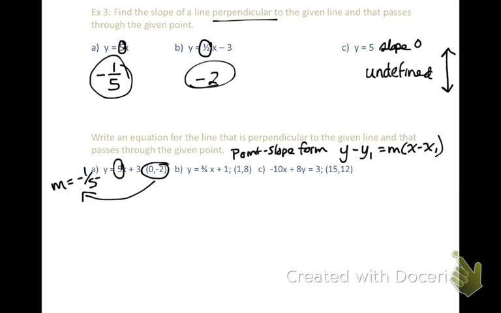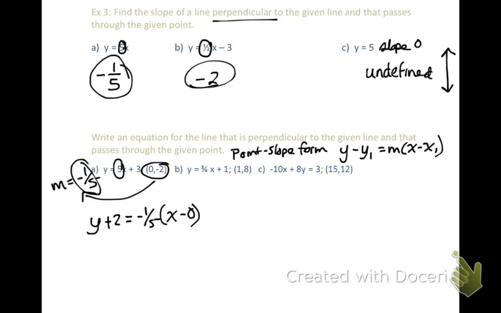So here I go. I have my point and my slope. So it's going to be y minus a negative 2, which makes it a positive 2, equals m, which is now the new m, negative 1/5, times x minus 0.